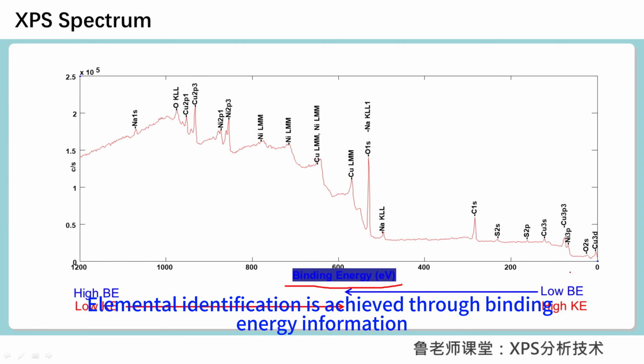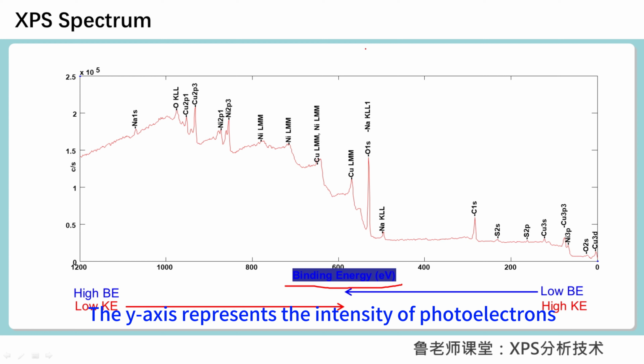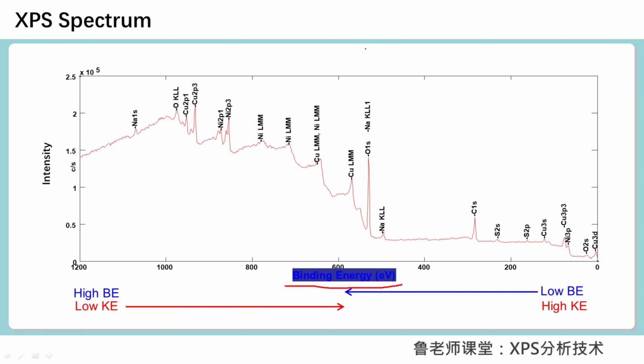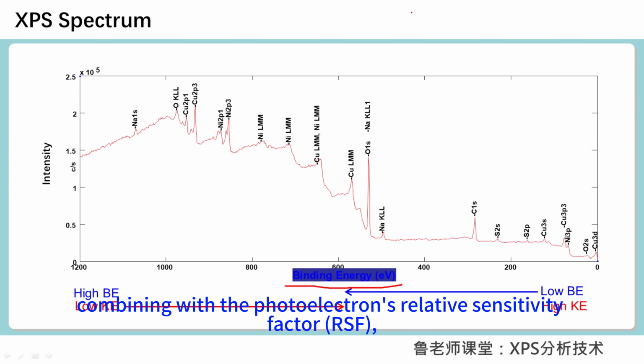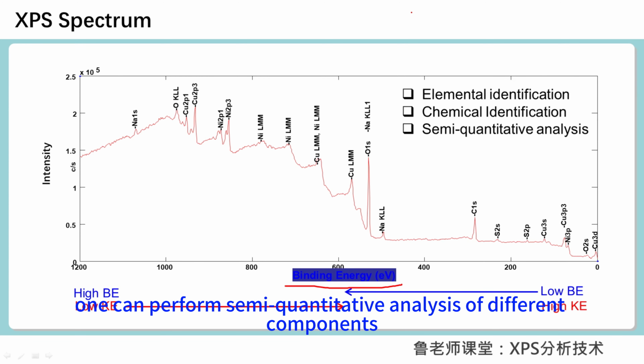Elemental identification is achieved through binding energy information. The y-axis represents the intensity of photoelectrons. By integrating the peak areas and combining the relative sensitivity factor, you can perform semi-quantitative analysis of different components.